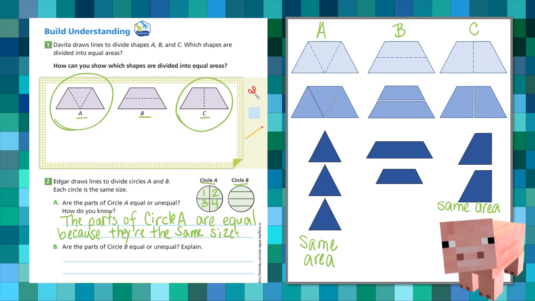So circle B, the parts of circle B are unequal because the parts are different sizes. Okay, and yes, the top and the bottom part are in fact smaller than the two middle parts. Great job.